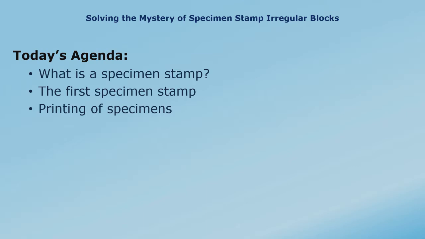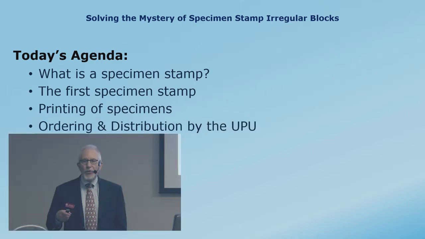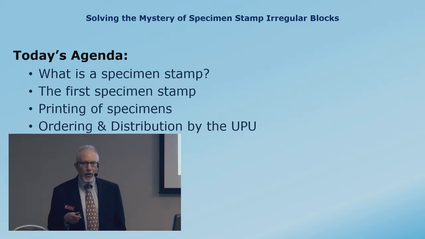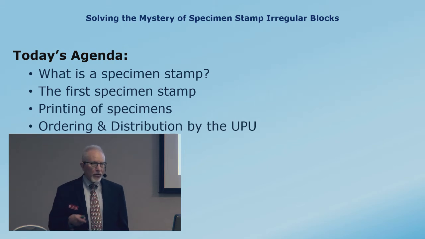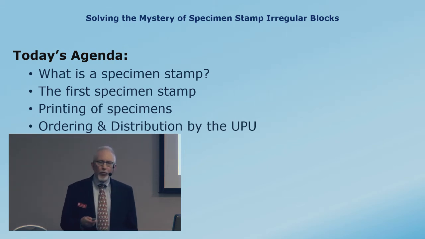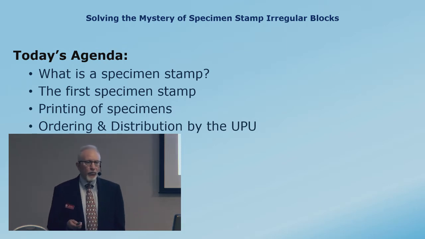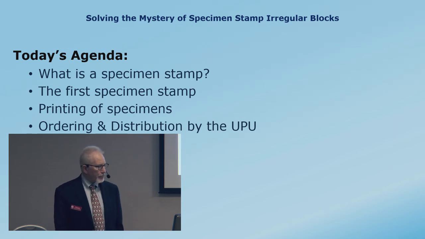What gets interesting, I think, however, is the ordering and distribution by the Universal Postal Union of the specimen stamps. So the printers produced the specimens, but it was to an order from the Universal Postal Union as they were going to distribute it to the member postal authorities.